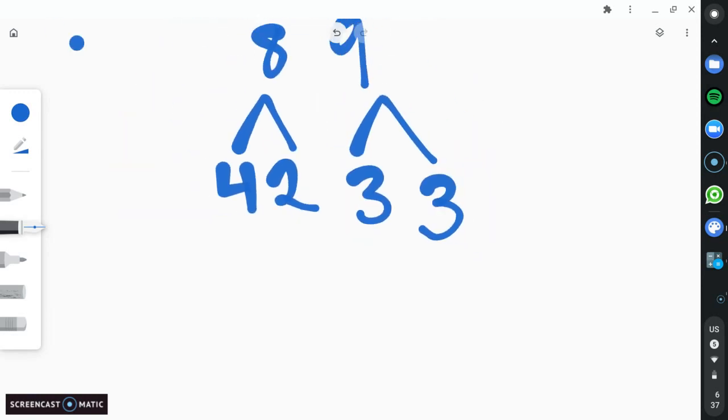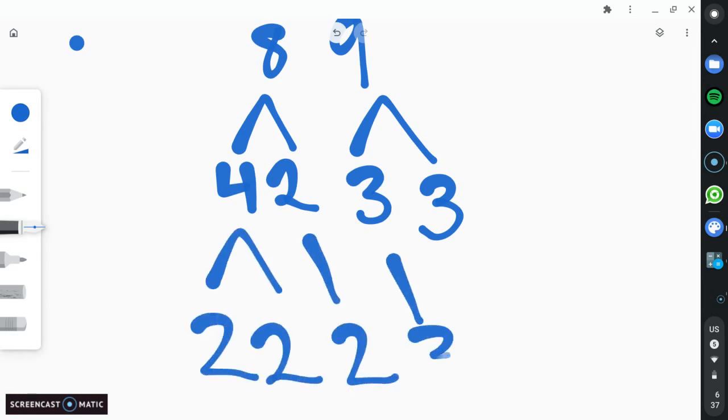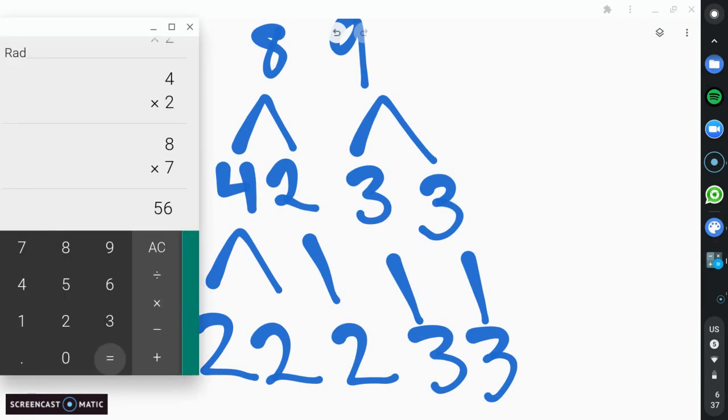What two things can you multiply to get to 4? 2 and 2. So then we bring down these other prime numbers. And now that we are left with all prime numbers, this is our prime factorization. 2 times 2 times 2 times 3 times 3. So let's try it. 2 times 2 times 2 times 3 times 3 equals 72.